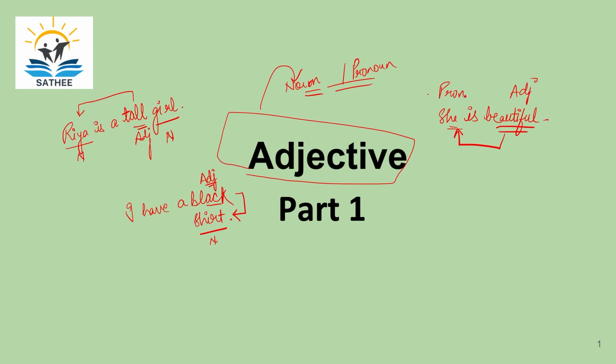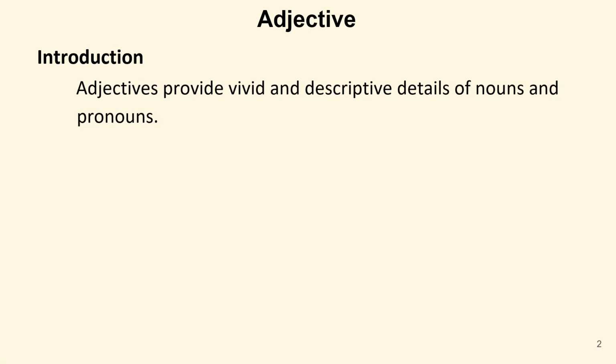So, we conclude that adjective is a word that qualifies noun or pronoun on the basis of its shape, color, size, quality, quantity, etc. Adjectives provide vivid and descriptive details of nouns and pronouns. Vivid means clear.